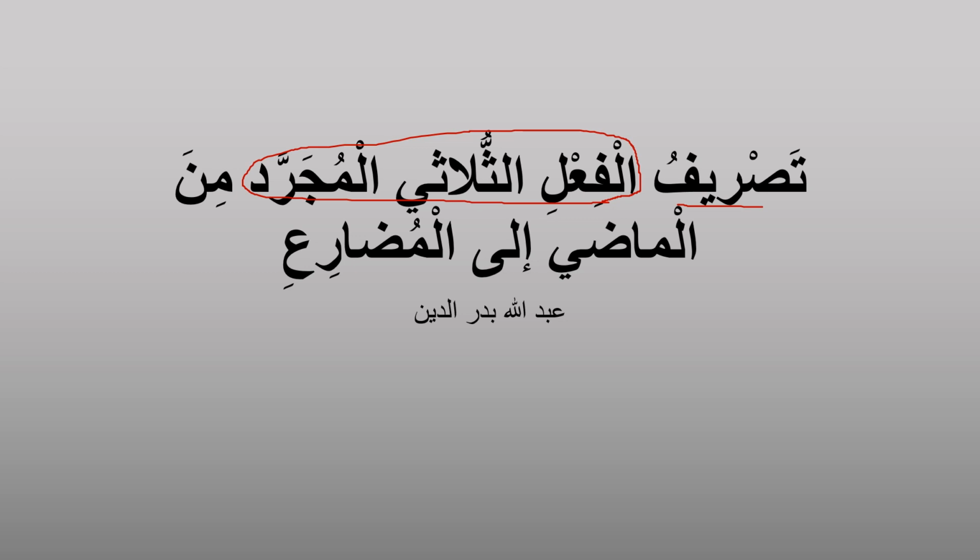The one we looked at last week is just to tell us how to form the mudari from madi. That is the process of forming the present tense verb from the past tense verb.